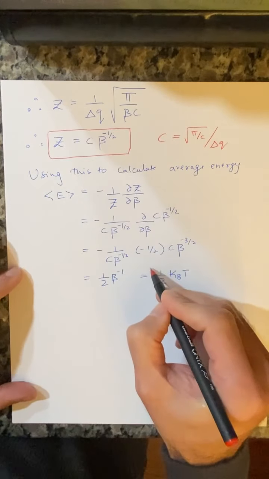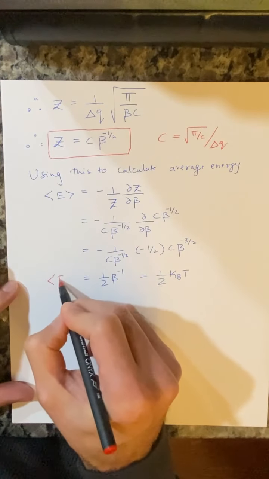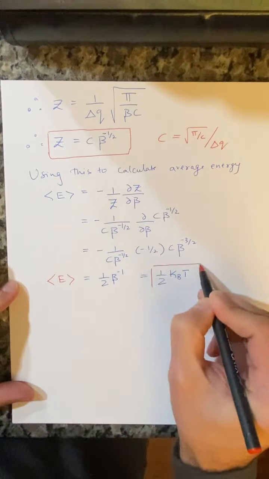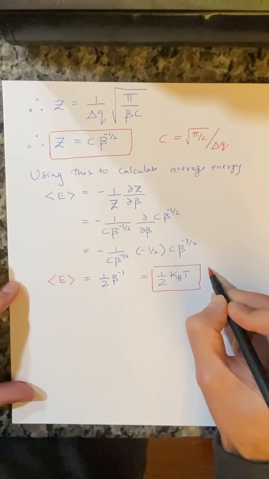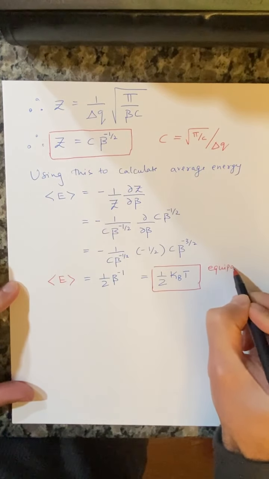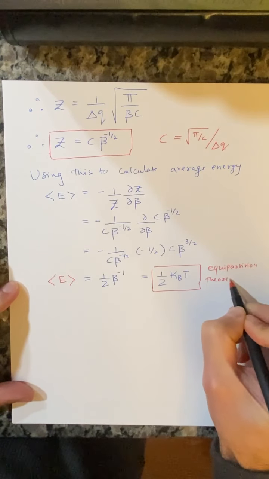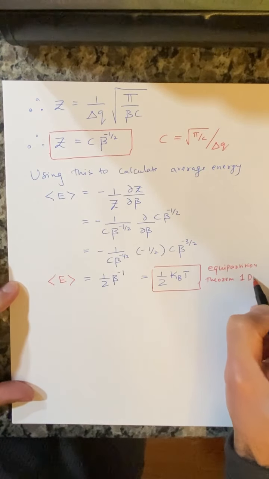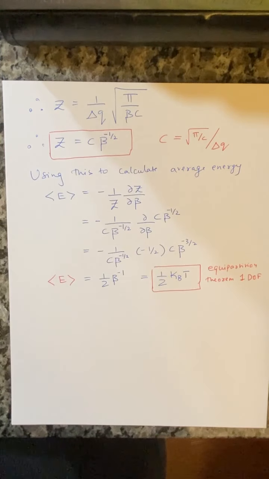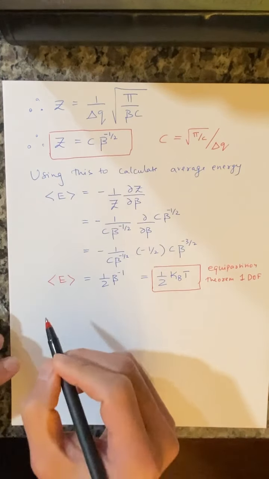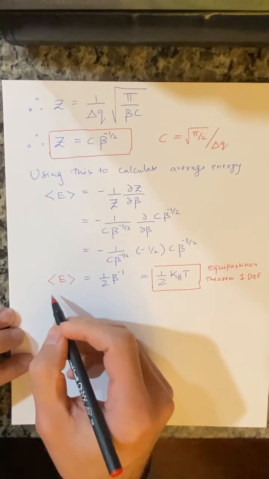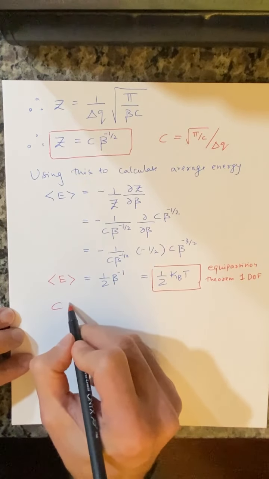Remember, this was the equipartition theorem for 1 DOF, 1 degree of freedom. If someone told you to calculate the heat capacity over here, you can go ahead and do that also.